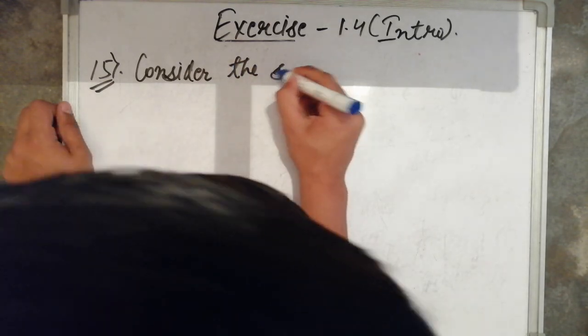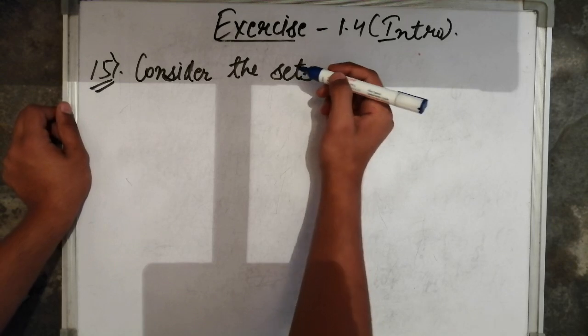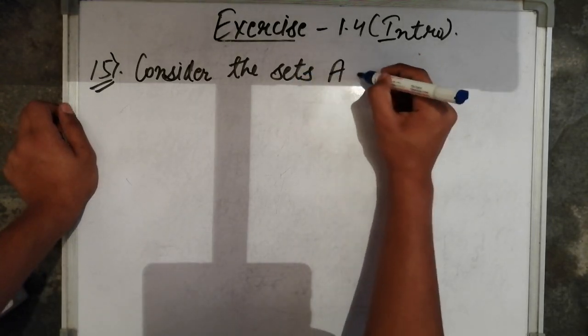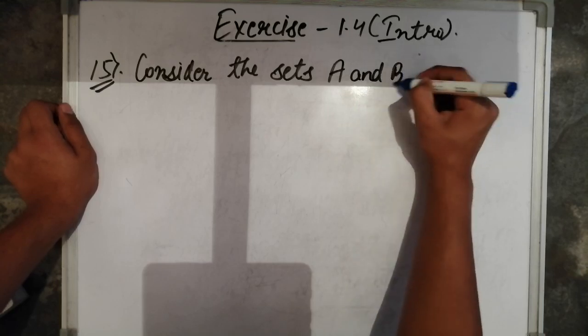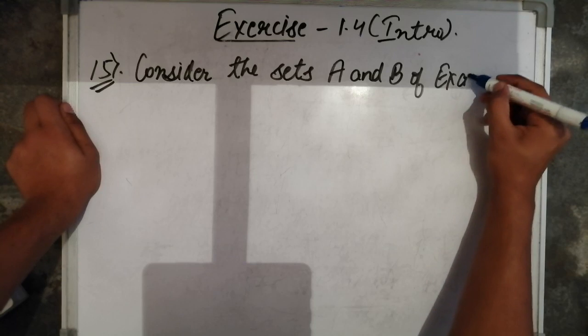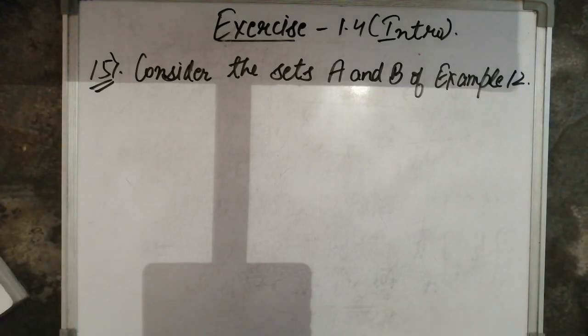Consider the sets A and B of example 12. So what were the sets A and B in example 12?